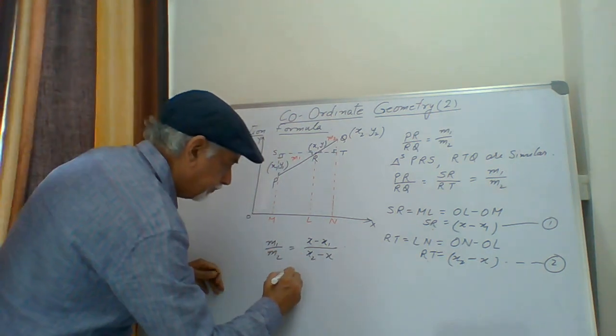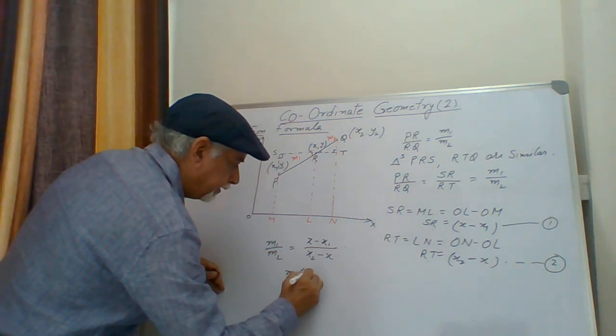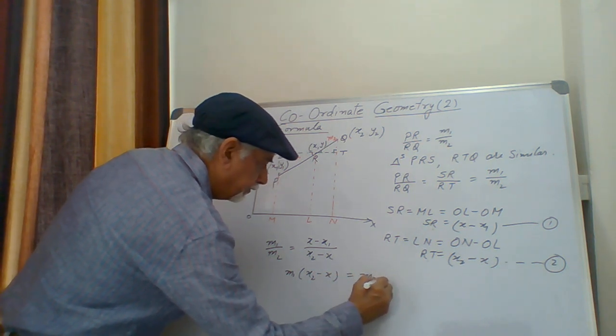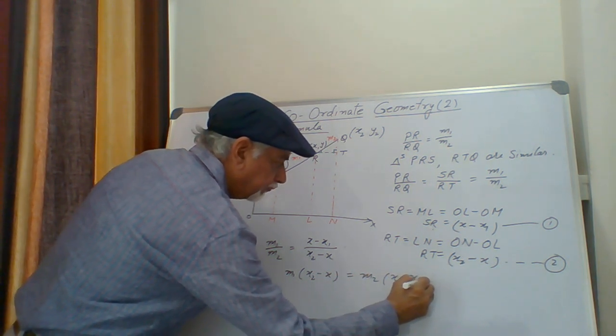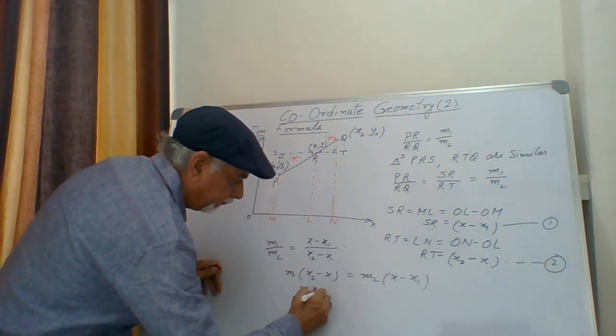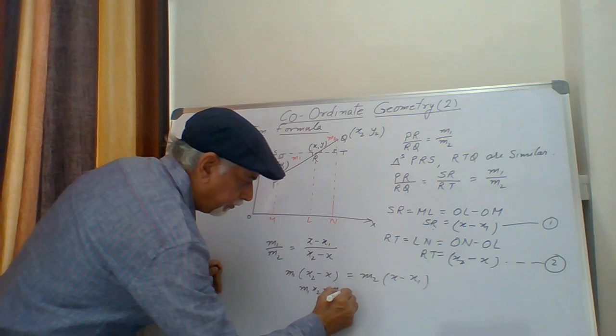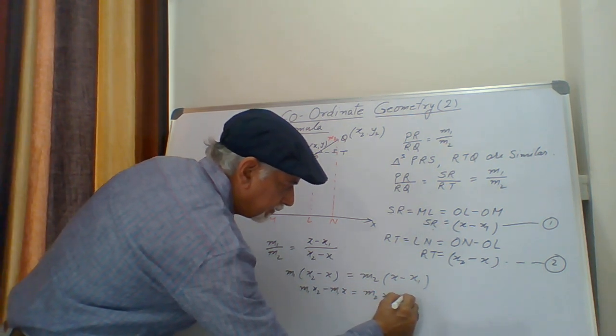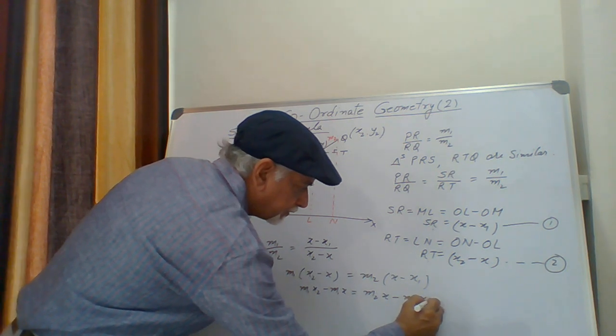So M1 is multiplied by x2 minus x, and this is equal to M2 into x minus x1. Now open the bracket: M1 x2 minus M1 x is equal to M2 x minus M2 x1.